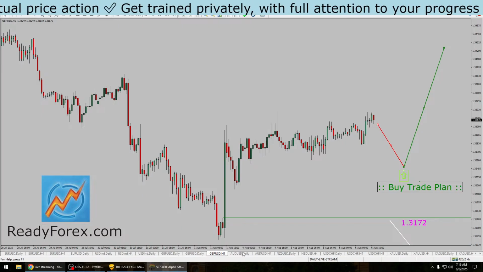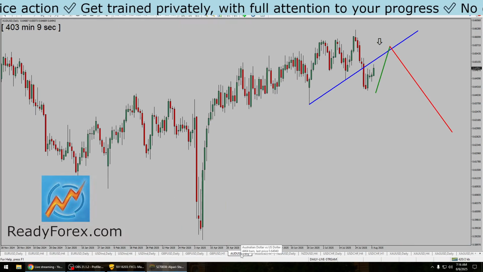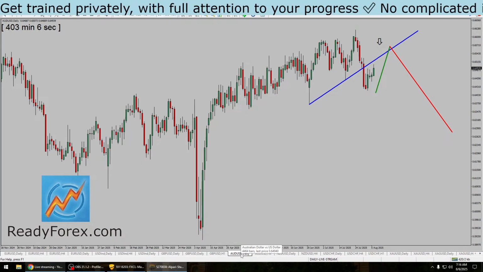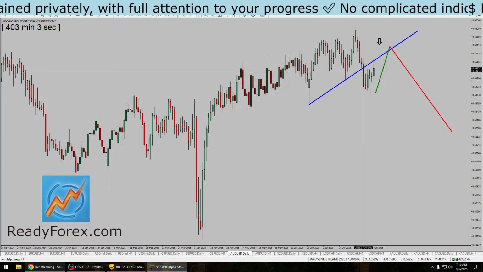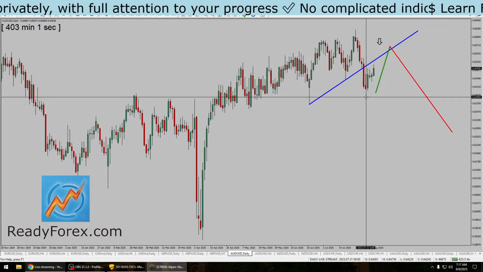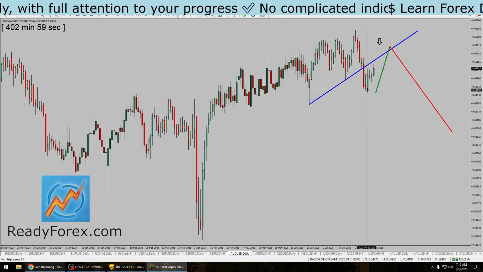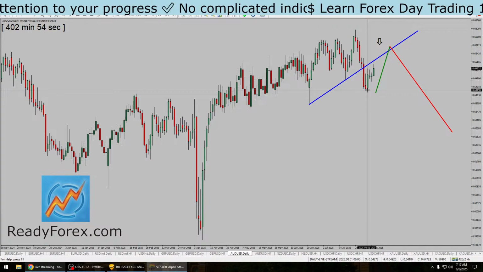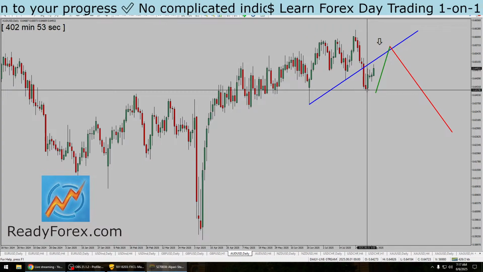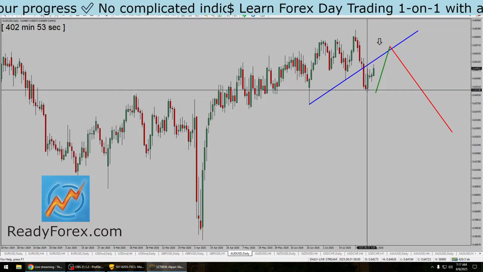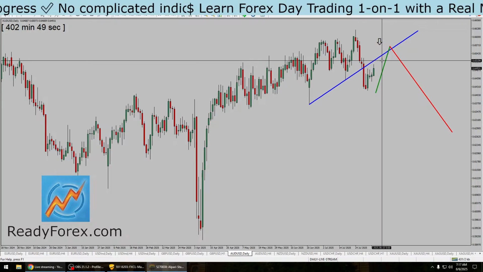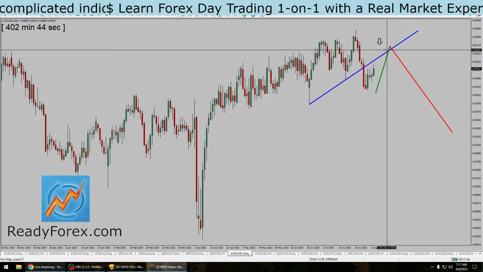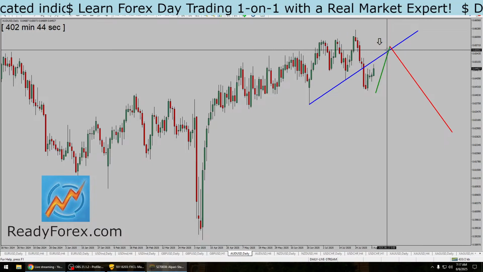Okay, next one is the AUD/USD currency pair, where I expect more upside. This was the breakdown over here, and people were jumping into the market with a sell trade down over here, and I mentioned that this is most likely going to turn into a false breakdown, and expect a retracement. I would prefer to see some sort of a retest of this broken trend line right over here.